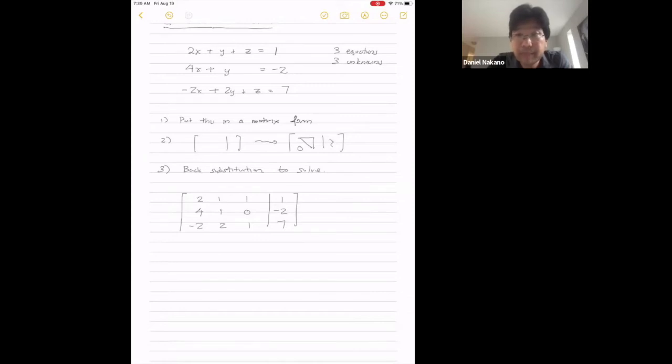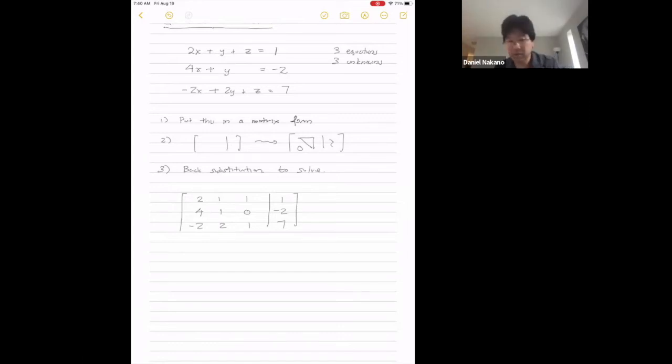Good. All right, now the next thing to do is to use what are called pivots. So what I want to do is put zeros in places. The way I'm going to do this is I'm going to take one equation, multiply it times a non-zero number, add it to another equation, and replace that equation.